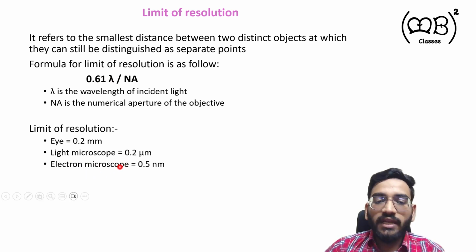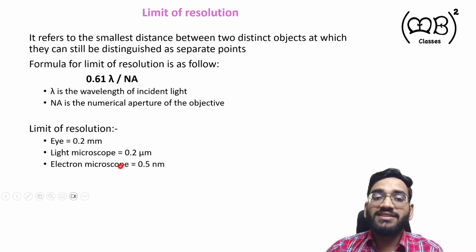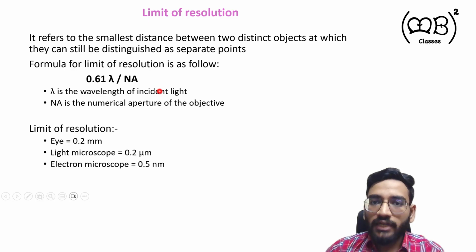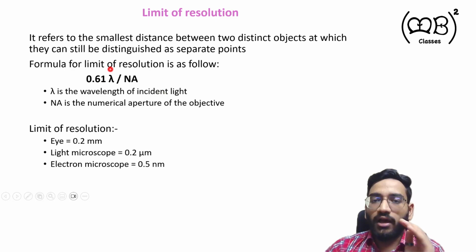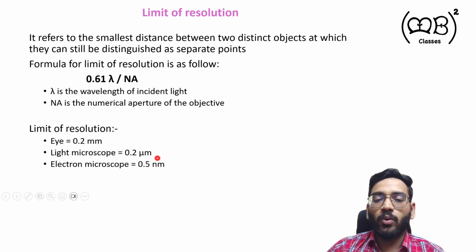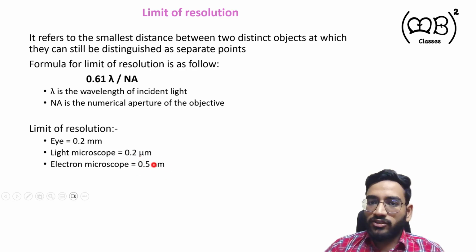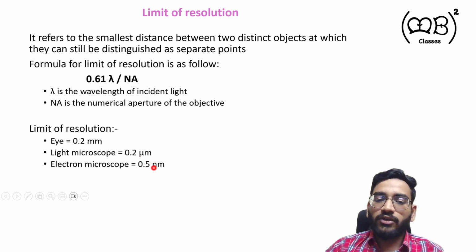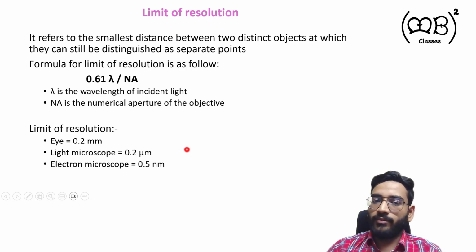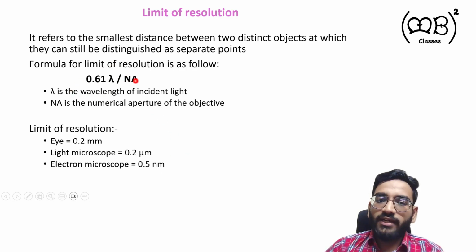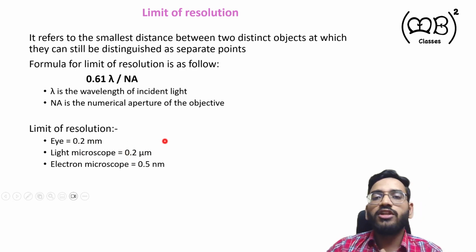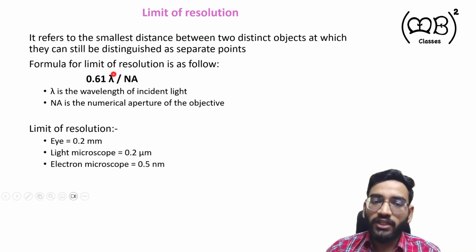But in electron microscopy, we use electrons as the incident radiation, and then lambda decreases a lot, and the limit of resolution can go down to practically 0.5 nanometers, and theoretically as low as 0.1 nanometer. So even with 100x magnification, the light microscope can resolve only 0.2 micrometer because of the wavelength of the incident light. Okay.